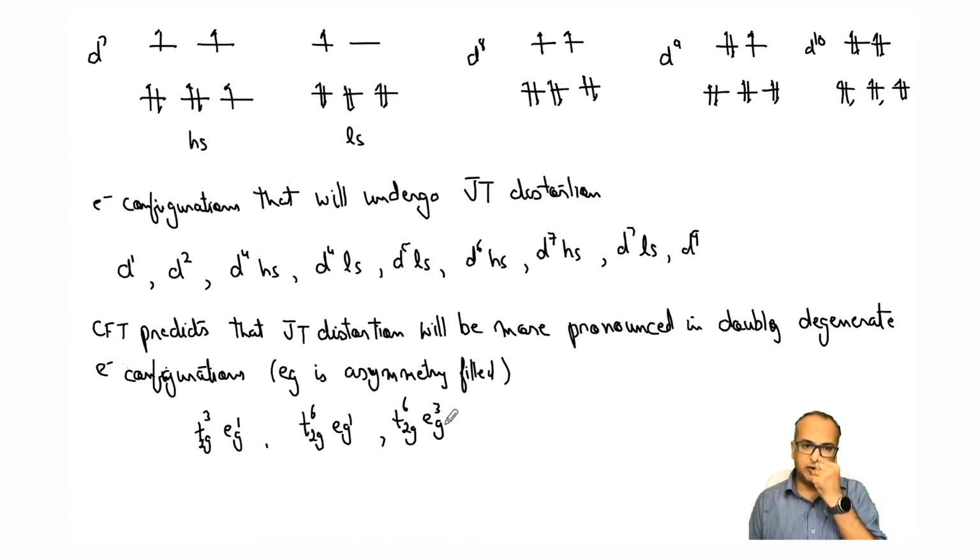This is the case of D9, this is the case of D7 low spin, and this is T2G3 and EG1, which is D4 high spin.